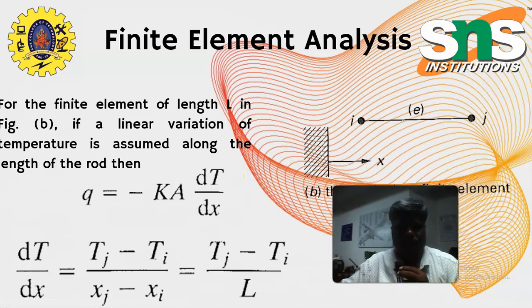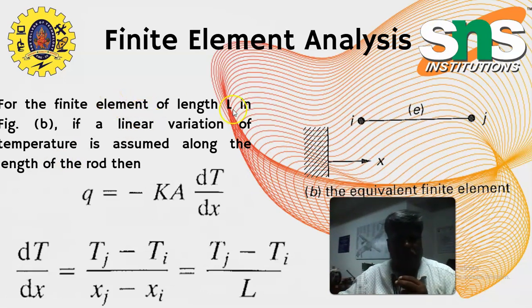From that, for the finite element of length L shown in the figure, if a linear variation of the temperature is assumed along the length of the rod, then Q equal to, as per Fourier's law, minus KA dT divided by dx. So dT, the temperature variation difference, is Tj minus Ti, as per the two nodal points.